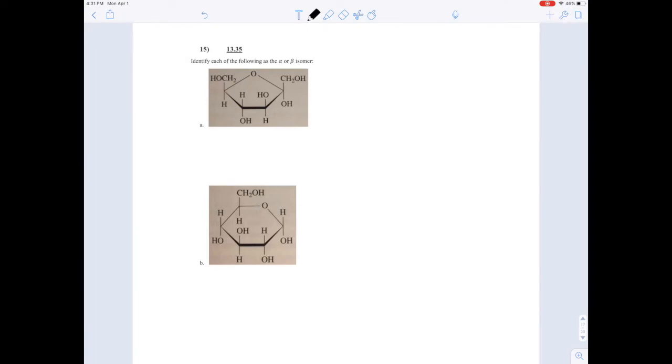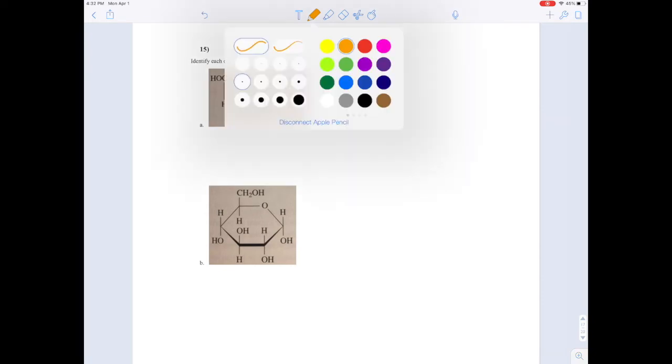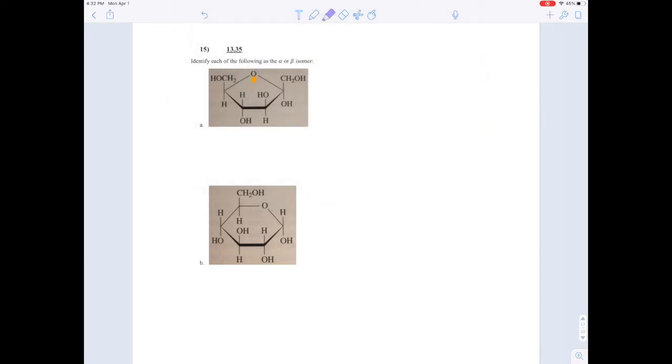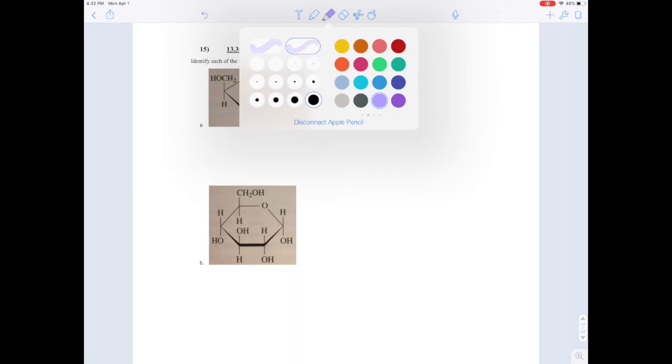So, in question 15, they're asking you to identify a couple rings as either the alpha or the beta forms. Orient yourself by the oxygen in the ring. So here's our oxygen. To the left of that, you're going to have a little tail, a tail that's pointing up. So let's say this tail will be in yellow.